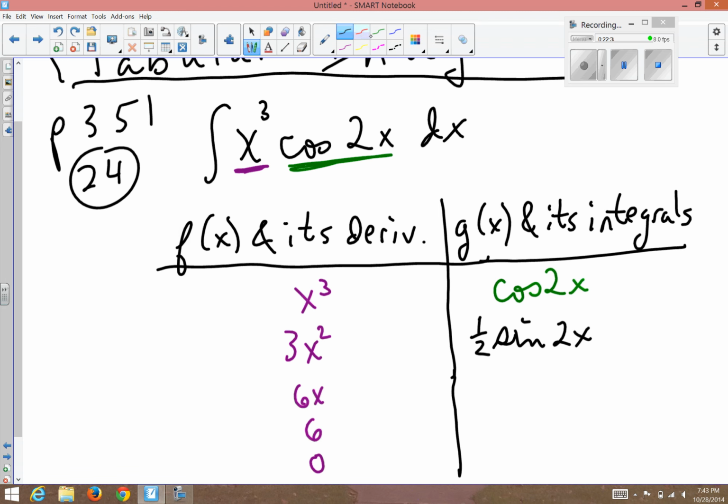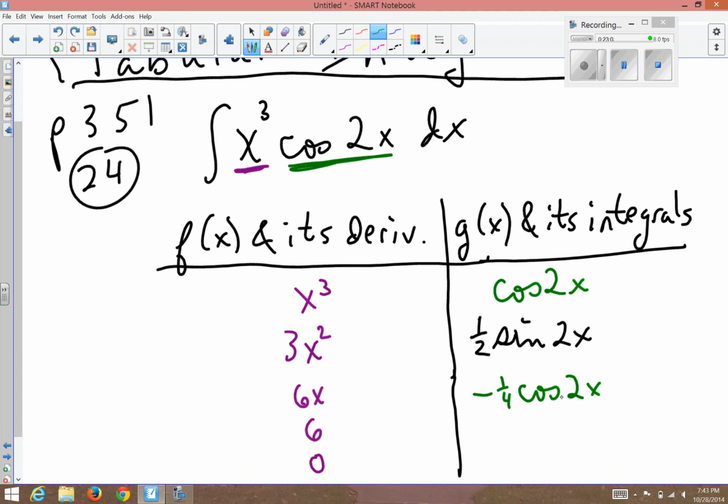The integral of sine 2x, ignore the half for a minute, is negative cosine 2x times a half because of the magic chalk thing, but there's already a half there. So we now have a 4.